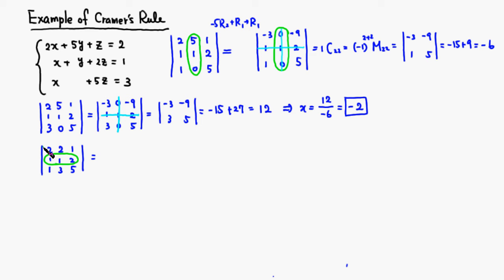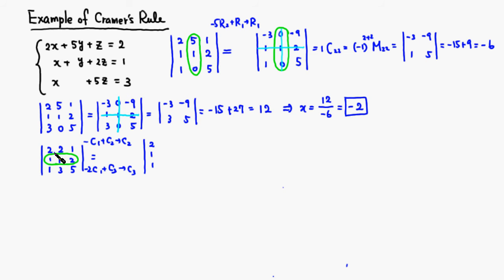I'm going to do a column operation. Take column 1 and multiply by -1, add it to column 2. And also take column 1 and multiply by -2 and add it to column 3. That would be the new column 3. So I'm not changing column 1, so it's 2, 1, 1.